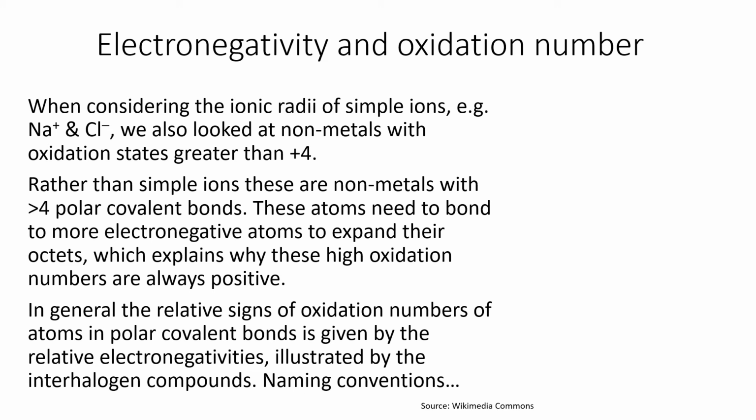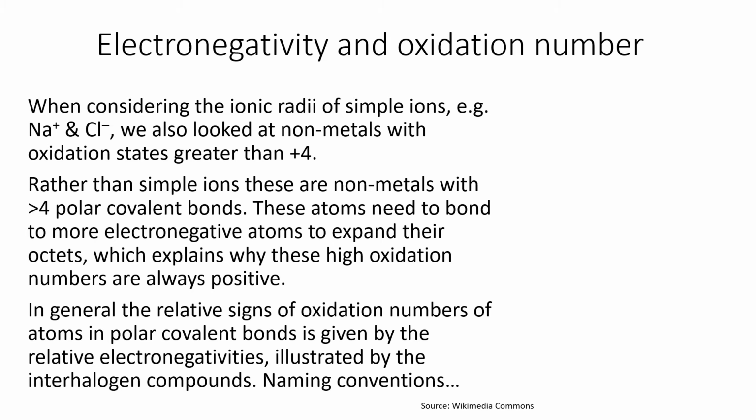So just making the point here that when we've got covalent bonding between different elements with different electronegativities, the number of electrons involved in bonding is going to give you the magnitude of the oxidation number, and the sign of the oxidation number is then determined by the relative electronegativity, the more electronegative element having the negative oxidation number.